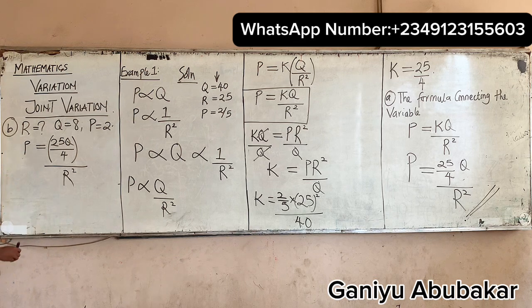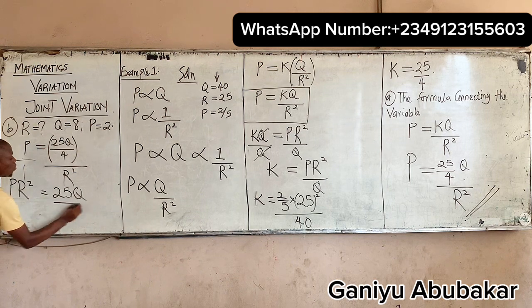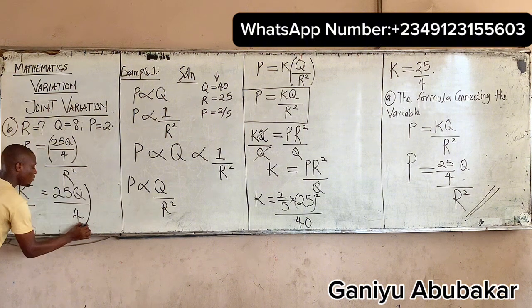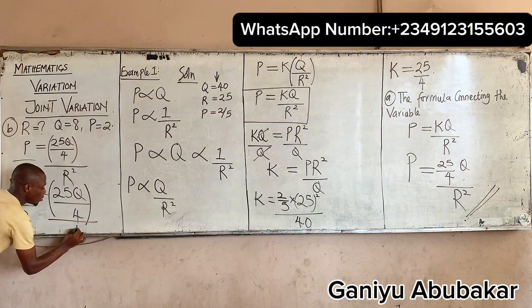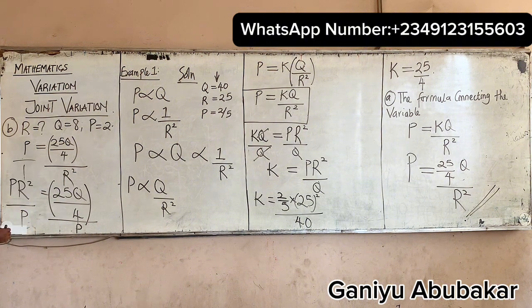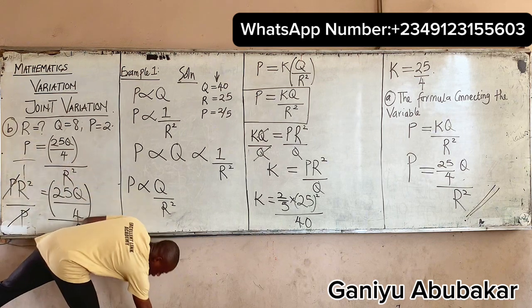From here, I can multiply both sides by R squared, so PR squared equals 25Q over 4. I want to make R stand alone. Divide everything by P. So this P can cancel this P, and I'll have R squared left.